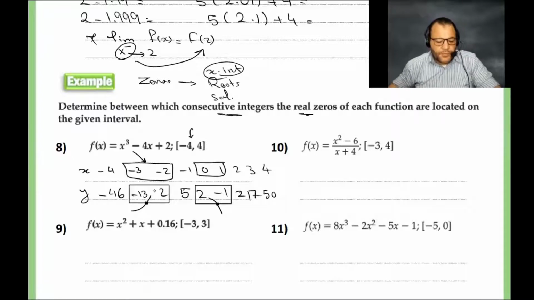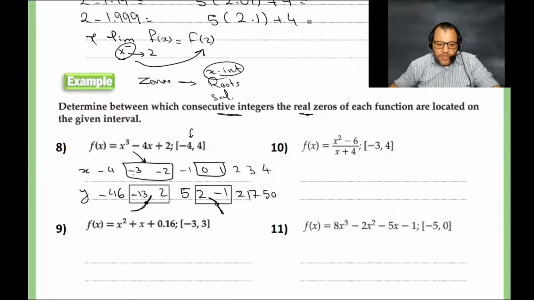Now for y, we have negative 13 and 2. That means we have a part below the x-axis and a part above the x-axis. So that's the point of intersection between the graph and the x-axis. It means we have a zero between negative 3 and negative 2. The other part, we have 2 above the x-axis, then we go down to negative 1 below the x-axis.